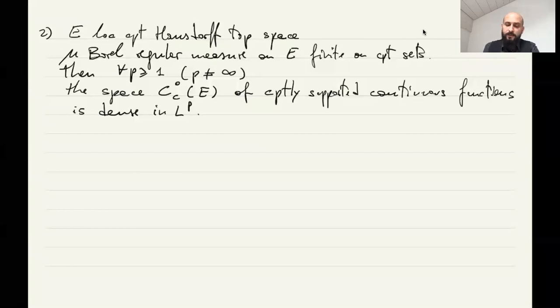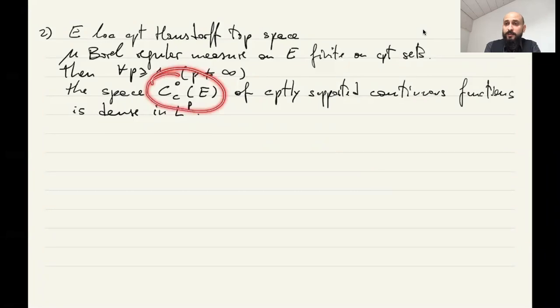The function constantly equal to 1 is in L infinity because the essential sup is 1, but it cannot be approximated with a compactly supported function because outside the support of the function, the difference is going to be 1.